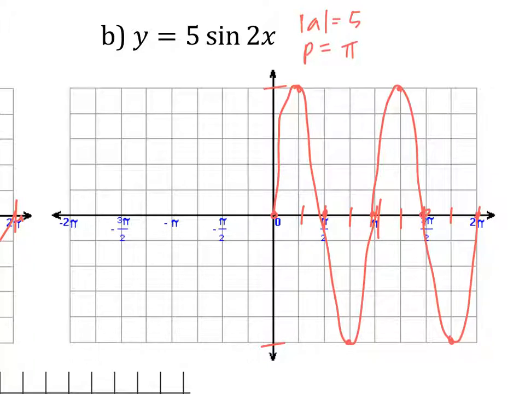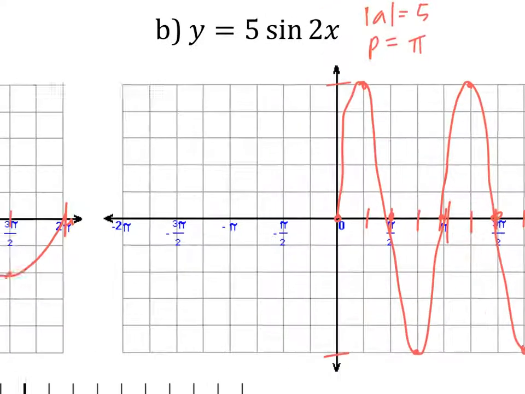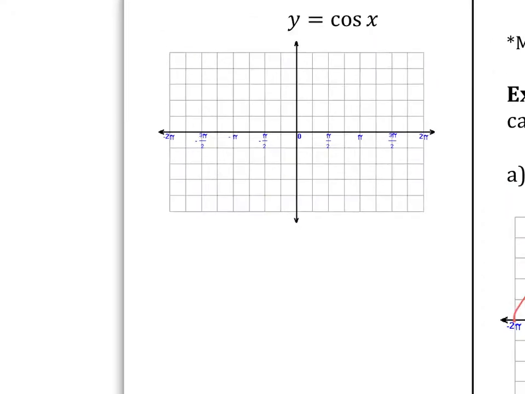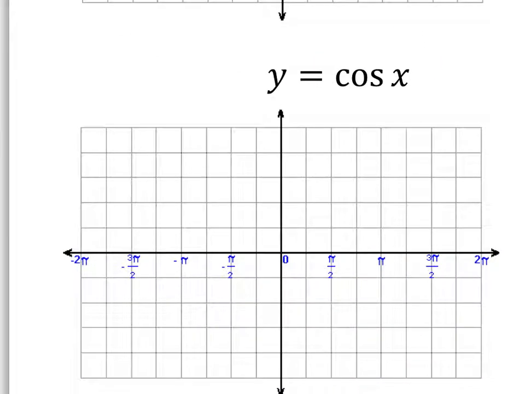Okay. All right. So we're going to have to make sure some of you get a little more practice on graphing. Let's practice cosine. Cosine is exactly the same, except the starting point is different. Okay, so let's go to this cosine graph. Okay, let's see.